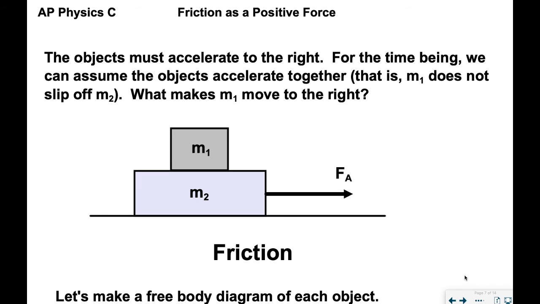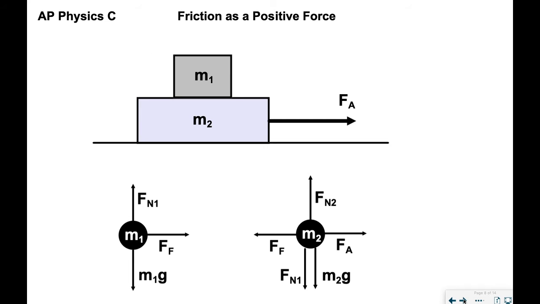So we will construct a free body diagram of each object. If we look at M1, the normal force and the gravitational force are sort of standard. There is a static friction force that's pulling it to the right, making it accelerate to the right.